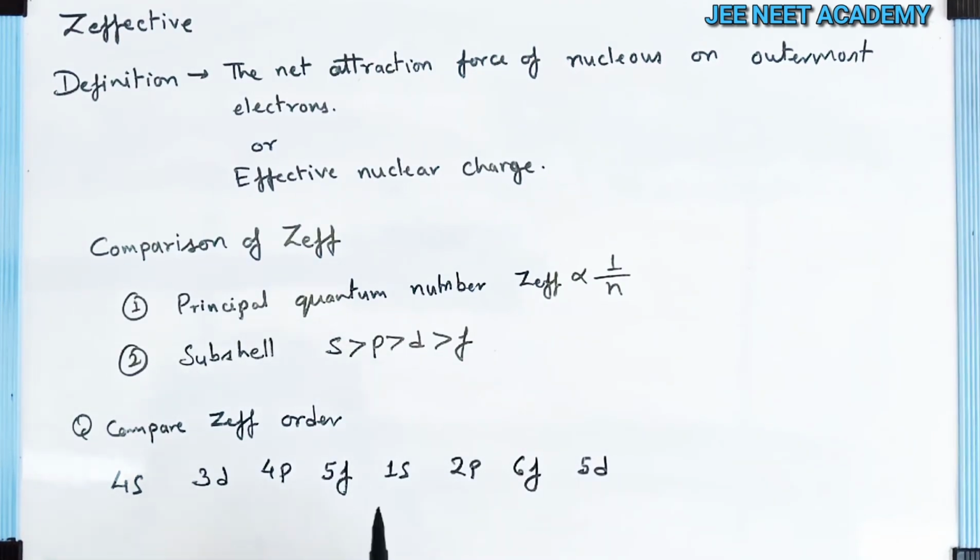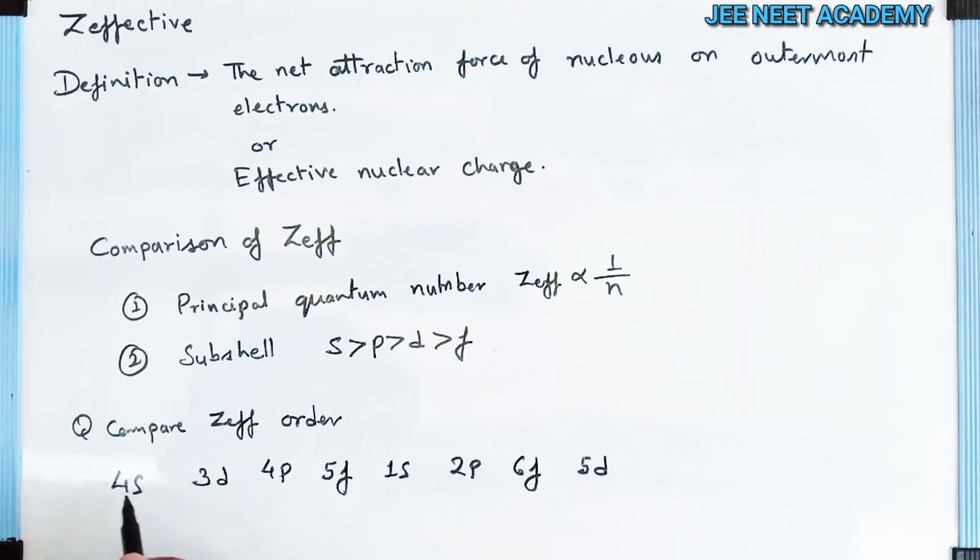The numbers are the principal quantum numbers, and S, D, P are subshells. So which principal quantum number is highest here?